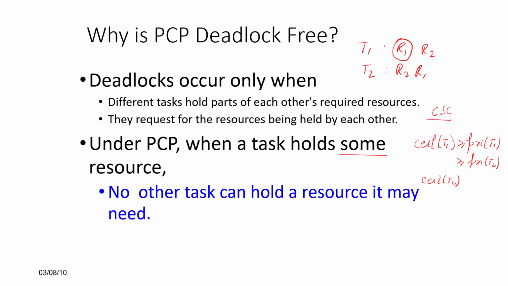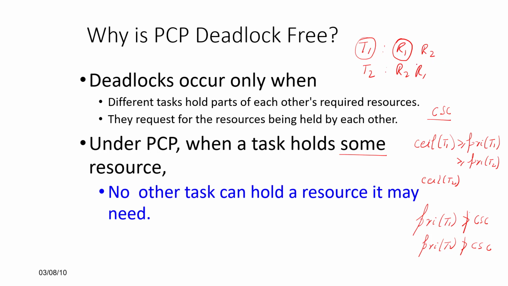Which basically means that the priority of T1 is not greater than the CSC, and the priority of T2 is not greater than the CSC, when of course both of them are involved. Which means that if one of the tasks acquires either R1, or T2 acquires R2, by the resource grant rule, the other task cannot displace T1.